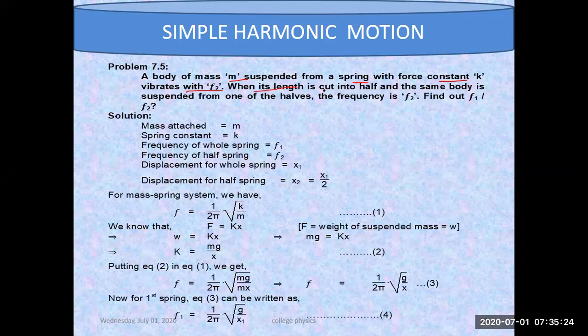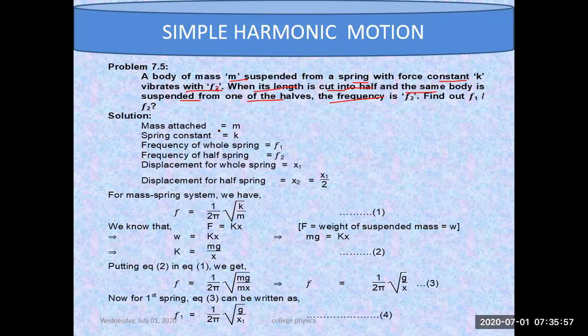When its length is cut into two halves and the same body is suspended from one of the halves, the frequency is f2. Find the ratio between the two frequencies f1 and f2. You have to calculate f1 as well as f2.